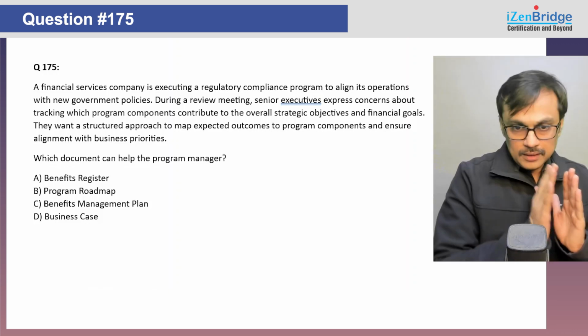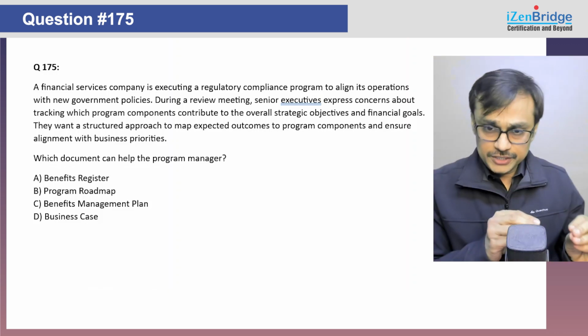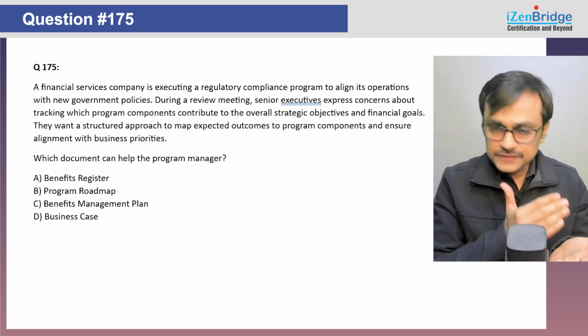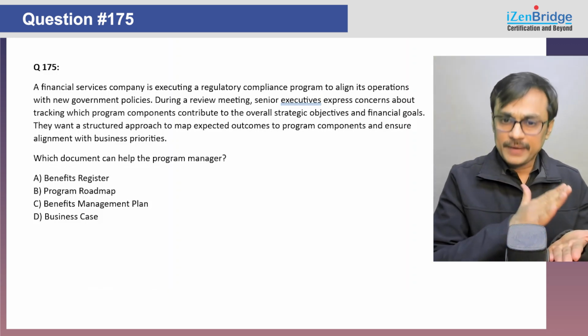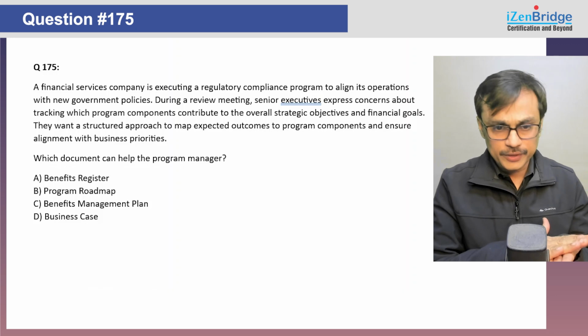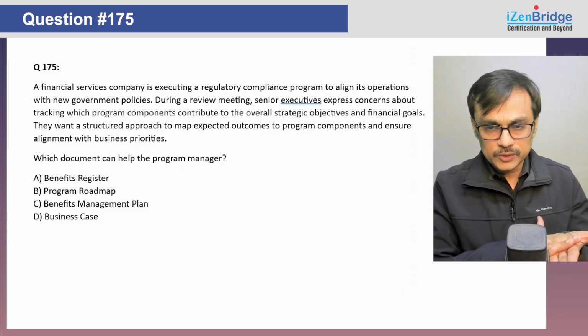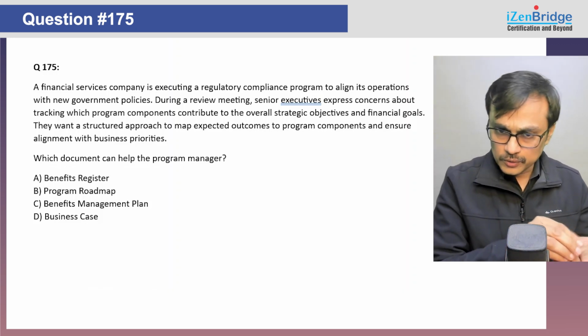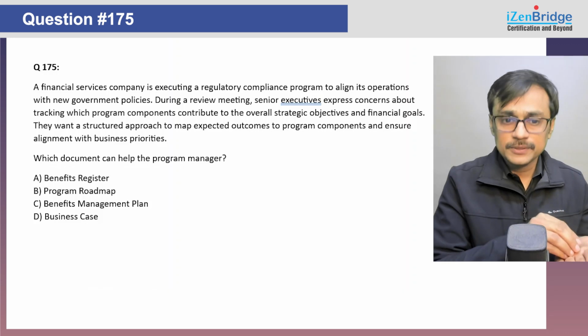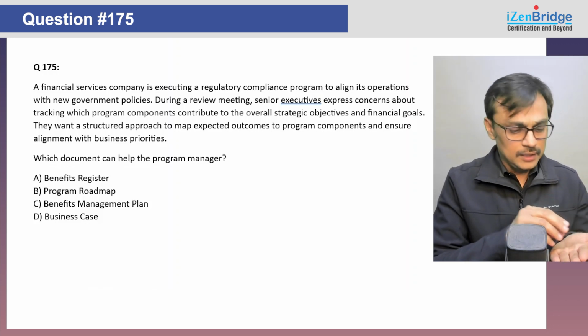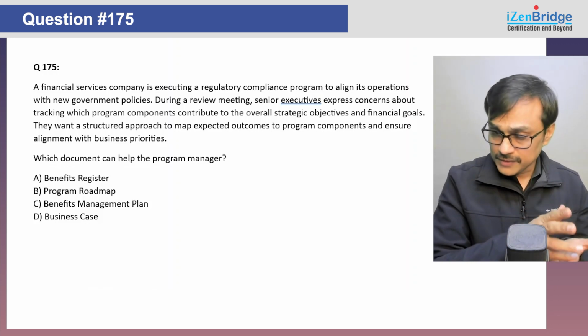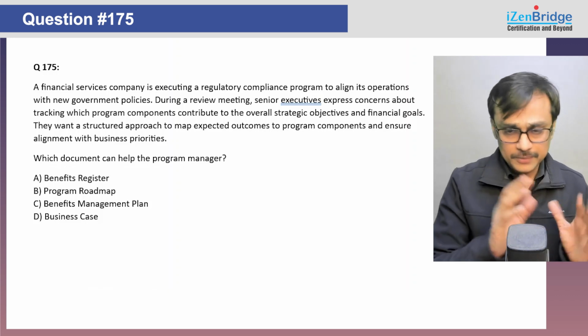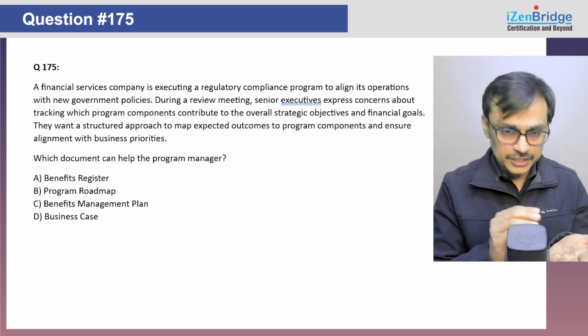So see, this particular information, what kind of strategic objectives we have and what kind of benefits we will have in this program, is available in your program charter as well. It's available in your business case as well. And the charter may not have a mapping, because at that point in time components are not there.